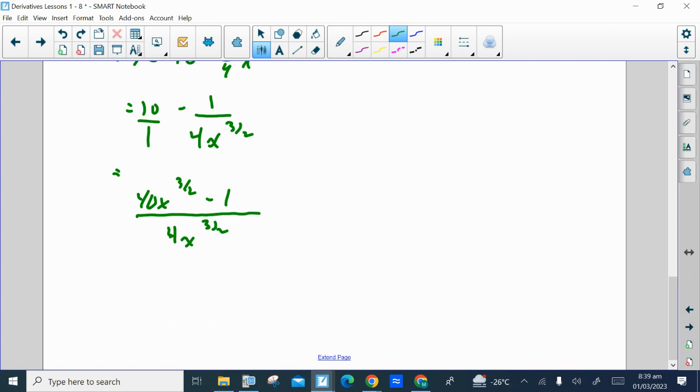You could rationalize the denominator by multiplying top and bottom by the square root of x cubed, because that's what x to the 3/2 means.